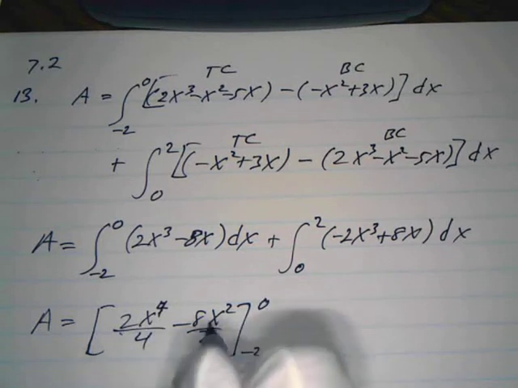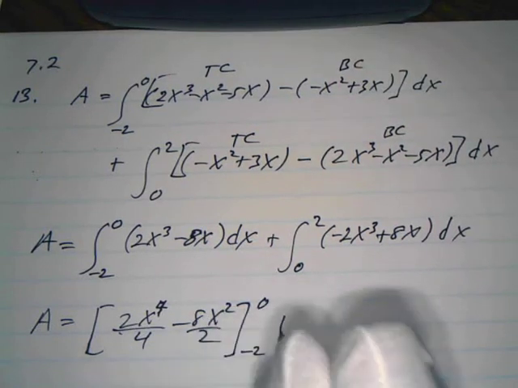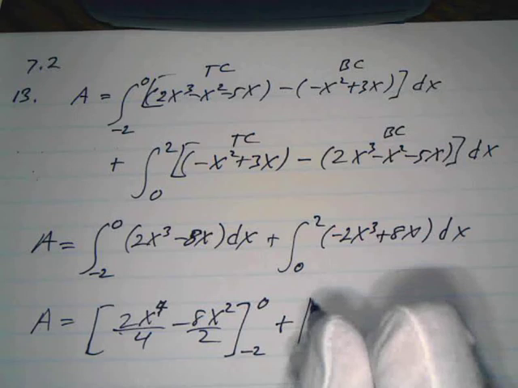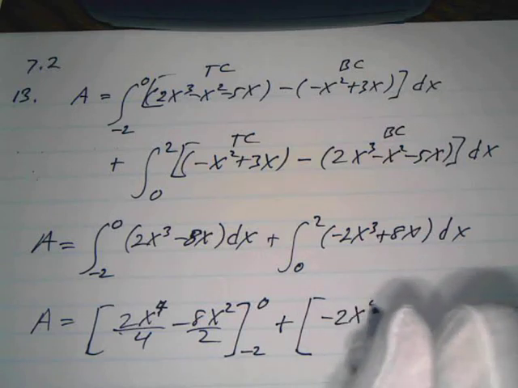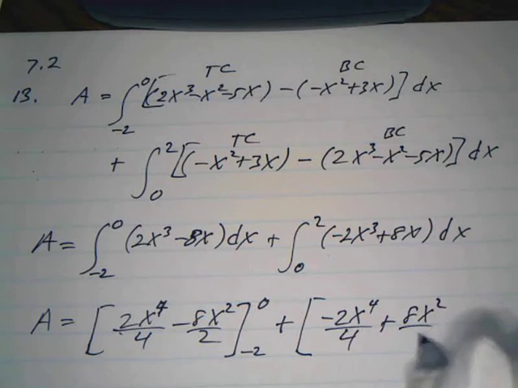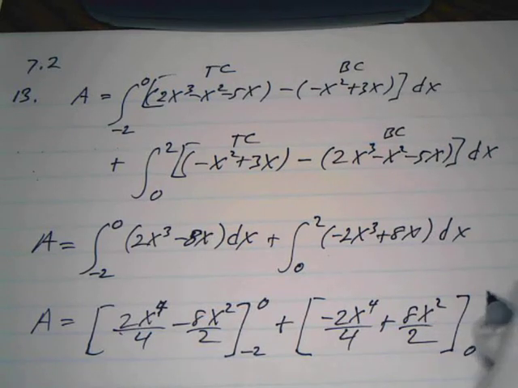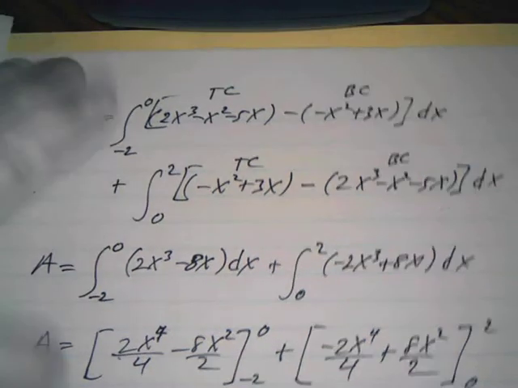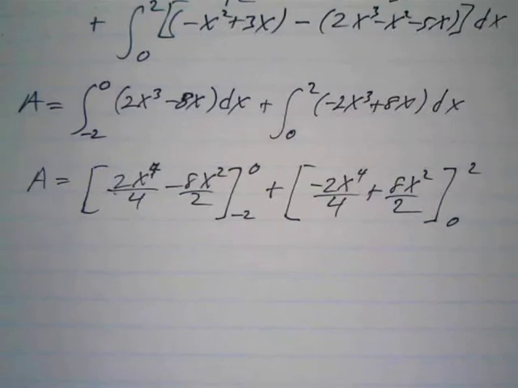The zeros go out, so that'll be easy to do. And that's going to be plus over here, negative 2x to the 4th over 4, plus 8x squared over 2, and that's going from 0 to 2. Okay.